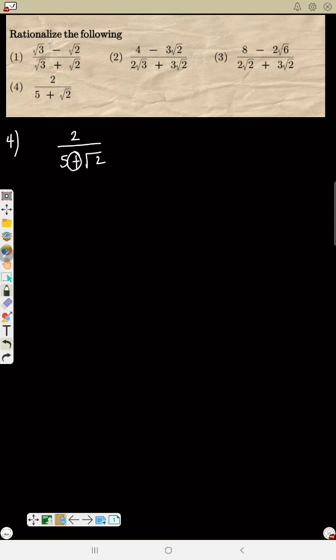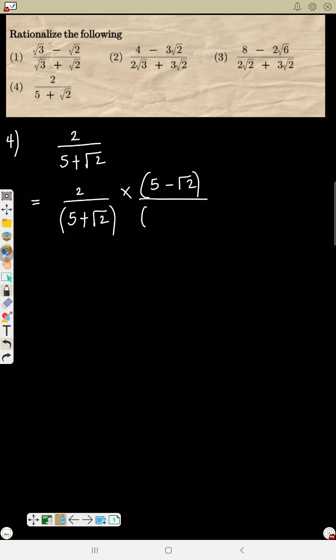So now the same way, multiply by the conjugate of the denominator. So this will be 2 divided by 5 plus root 2 times 5 minus root 2 divided by 5 minus root 2.